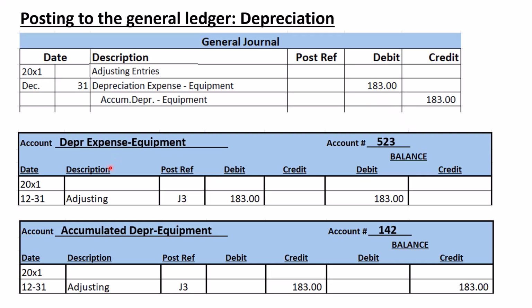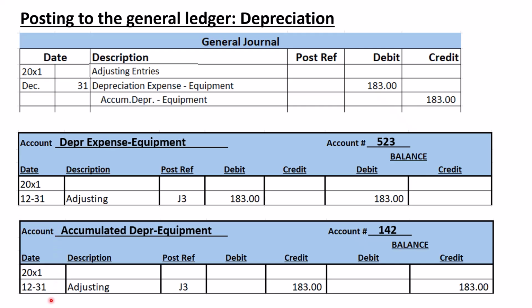Let's write the date into the date column of the depreciation expense account, "Adjusting" into the description, J3 into the posting reference column, and a debit of $183 into the debit column. This account has no prior activity, and therefore the new balance is $183. The account we now need is the accumulated depreciation general ledger account.